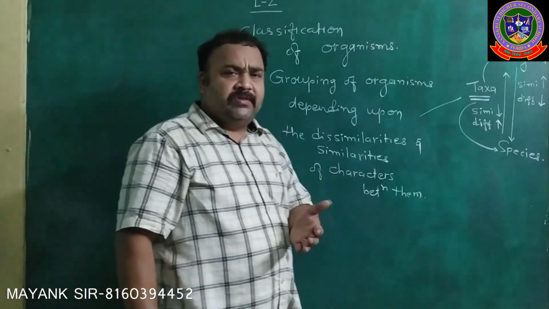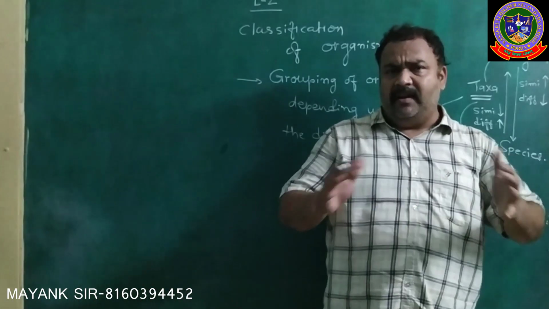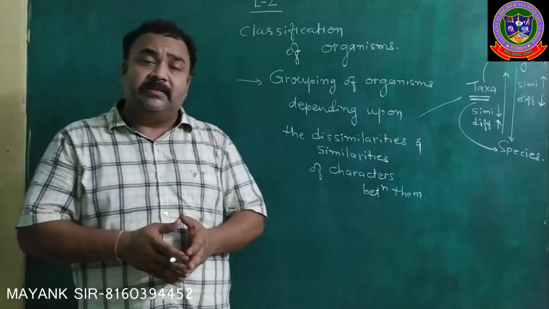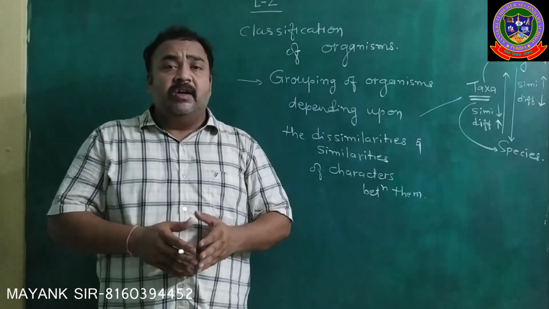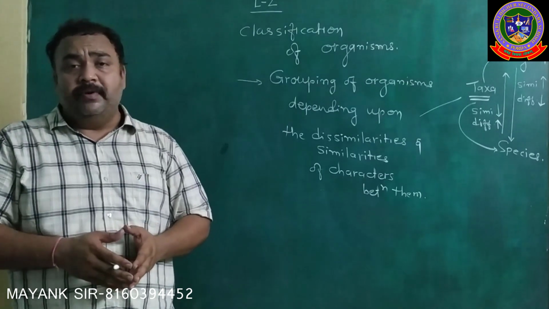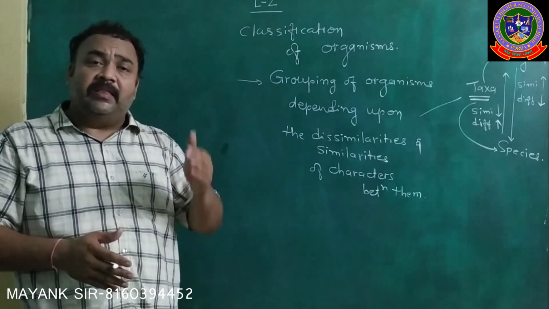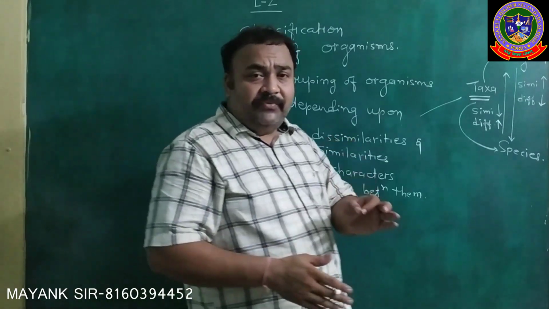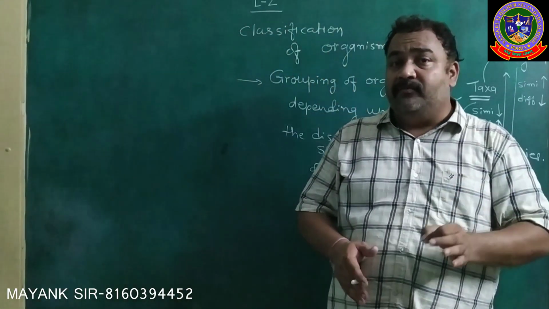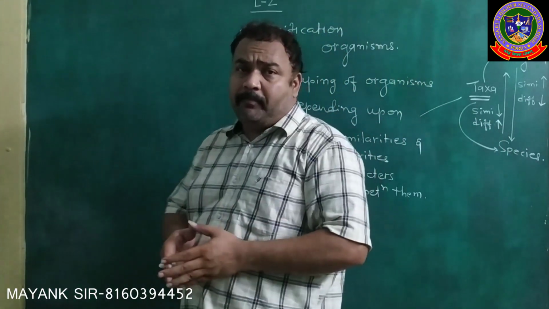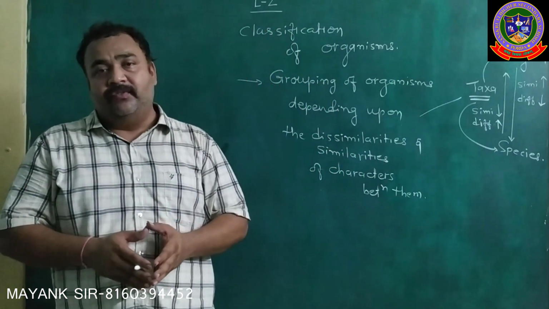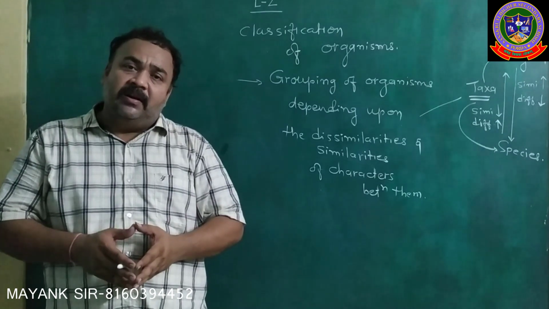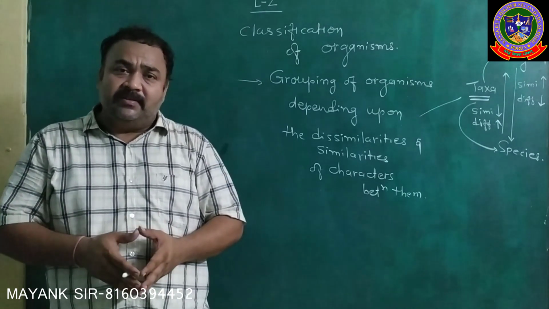Since the dawn of civilization, that means when the civilization was established, various attempts have been made to classify the living organisms. Initially, the classification of living organisms was solely depending upon the needs of the organisms, how any organisms are being utilized.